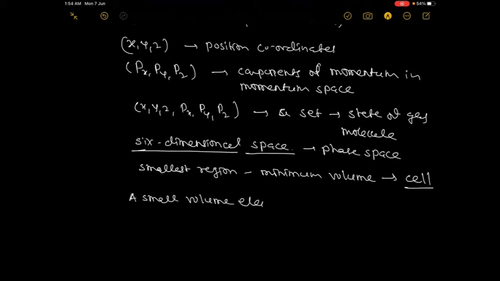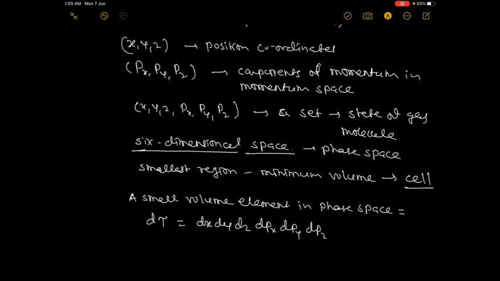Small volume element in the phase space is denoted by dΩ. The volume element we are considering is related to the position coordinates dx, dy, dz, and corresponding momentum volume of an element in the momentum space, that is dpx, dpy, and dpz.